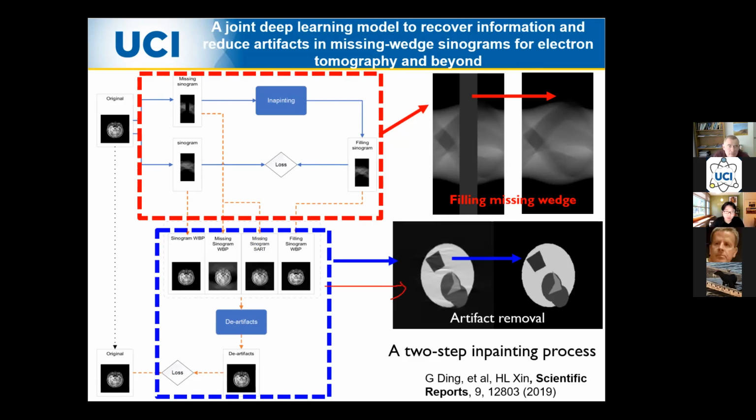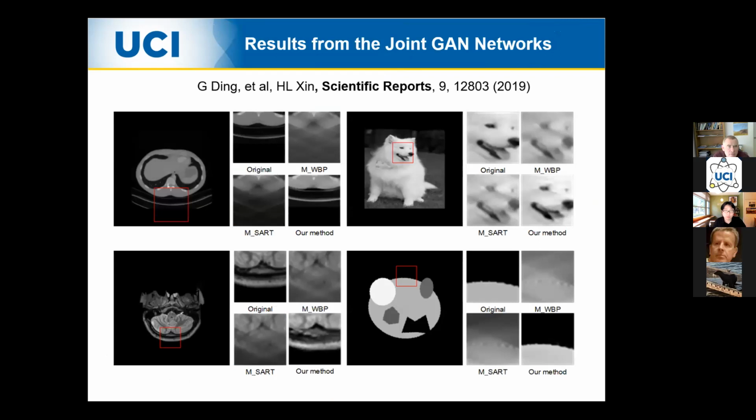Then the artifact removal network can remove all of these artifacts that were left as residuals because the infilling wasn't done correctly, right? So this network performed very well. Here are a couple of examples. The one that I really like is here. The traditional algorithm has very blurred boundaries, or all kinds of artifacts, but with our method, all of that can be in-painted. The artifacts can be eliminated, right?